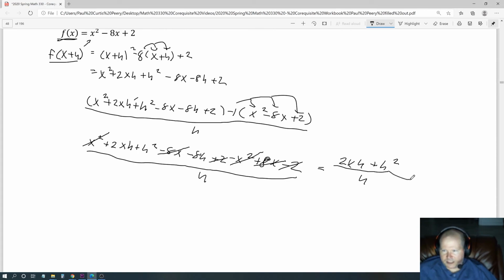It looks like we also have to include the negative 8h there. So if we factor an h out of the entire thing, what that leaves me is 2x plus h minus 8, all over h. The h's cancel out, leaving me 2x plus h minus 8.